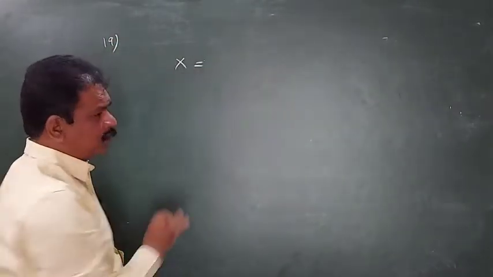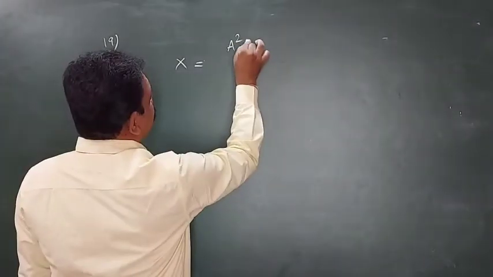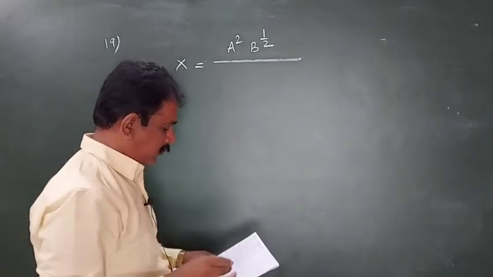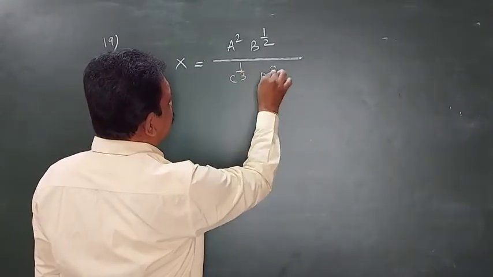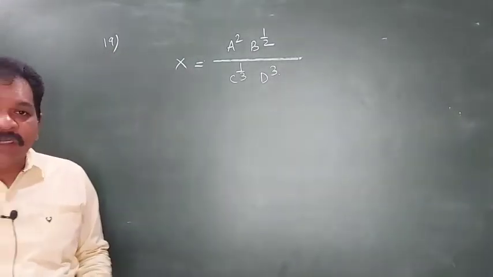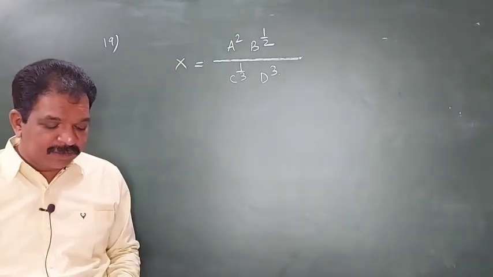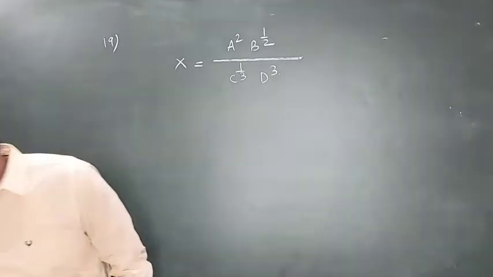X is equal to A square B power 1 by 2 C power 1 by 3 D cube. Errors in ABCD measurement are 1%, 2%, 3% and 4%. What is the percentage error in the measurement of X?